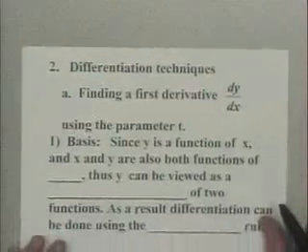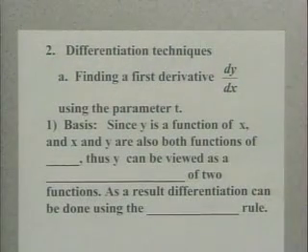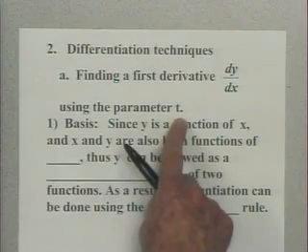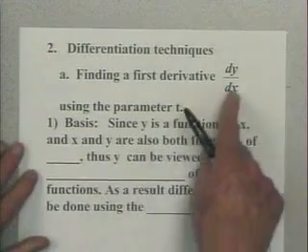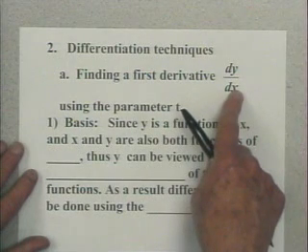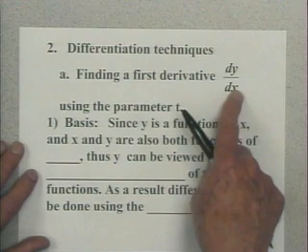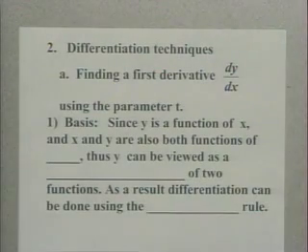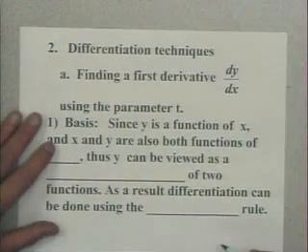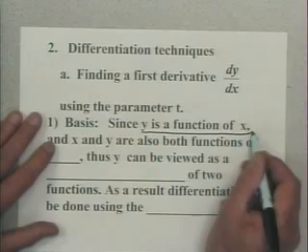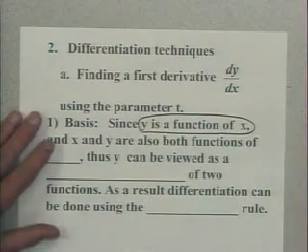The question is, how do you do it? I want to find the derivative dy dx, just like I always have, but the equations are in terms of t, and the objective is not to have to convert the equation back to Cartesian, even though we sort of know how to do that for certain cases, right? The object is to get the derivative directly from what you have, the parametric equations. But here's the key. If you want to do dy dx, doesn't that mean y is probably some function of x?